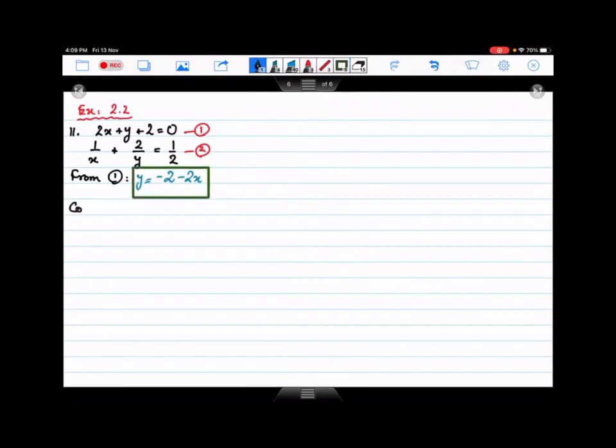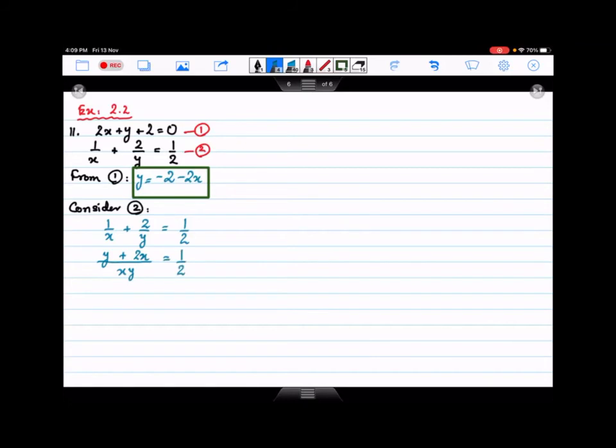So first of all, before putting the value, I will do some steps in equation 2 so that it might become easier. So taking the LCM becomes y plus 2x upon xy is equals to half.